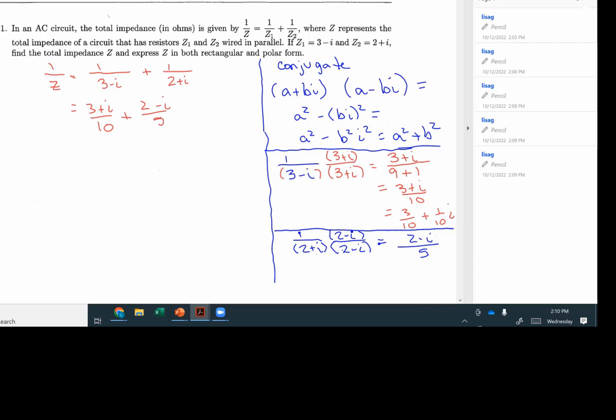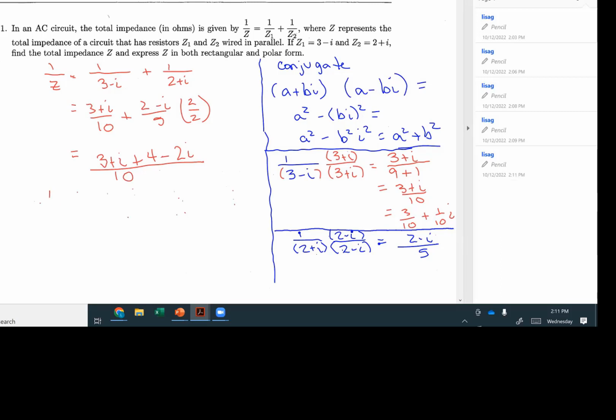And now we need a common denominator, so I'm going to multiply this by 2 over 2. Now my denominator is all 10. I have 3 plus I plus 2 times 2 is 4 minus 2 times I is 2I over 10.